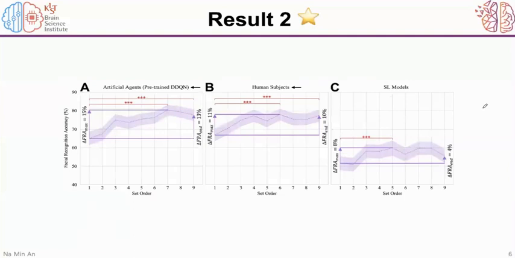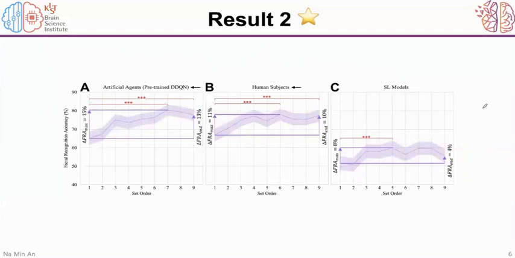As you can see here in columns A and B, the agents could show largely similar average performances to the subjects. The overall facial recognition accuracy of artificial agents was much higher than that of the supervised learning model with the same neural network architecture as the bionic environment in the reinforcement learning algorithm.